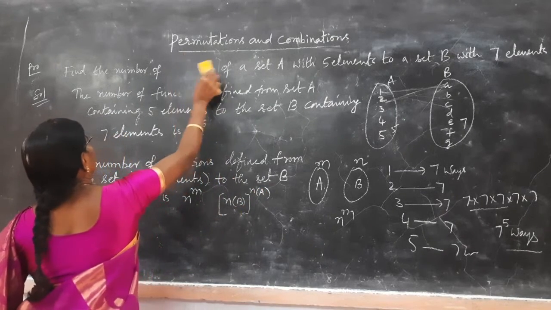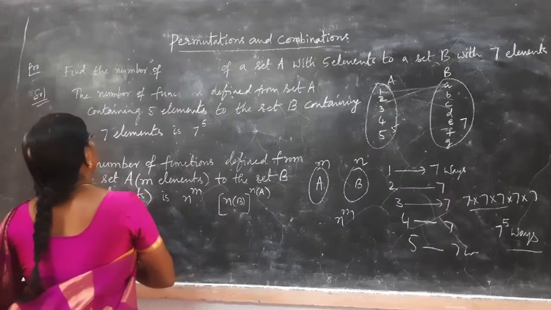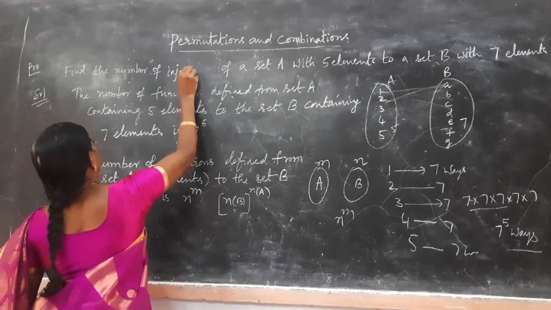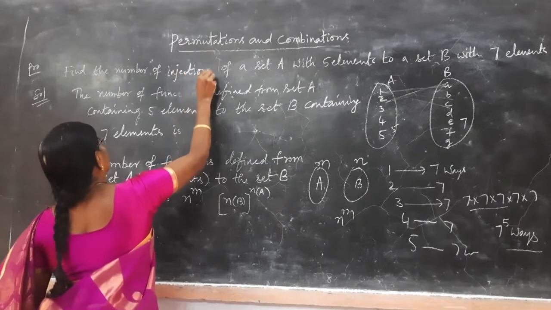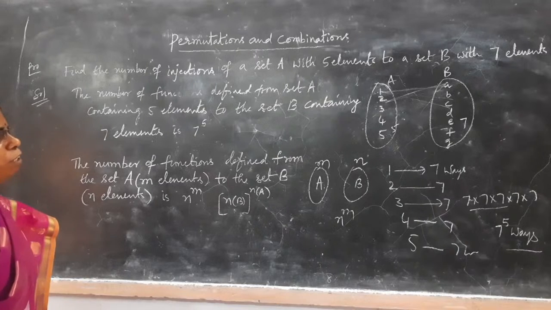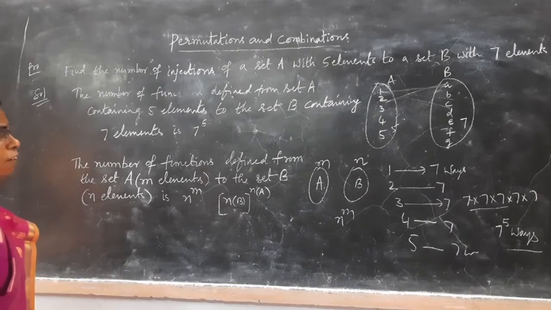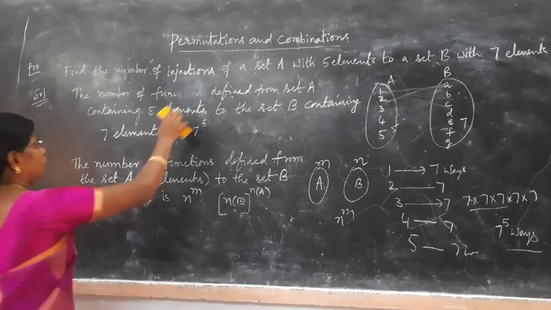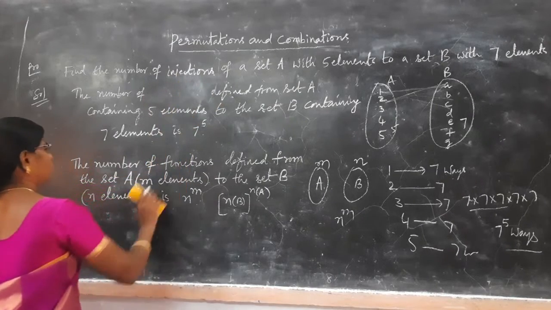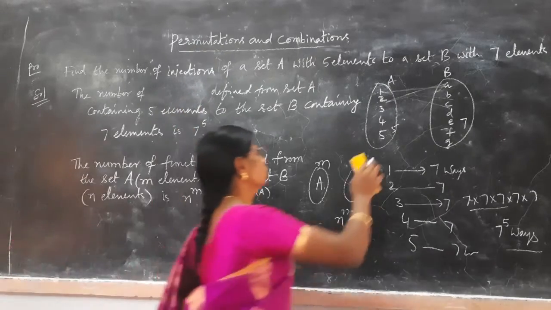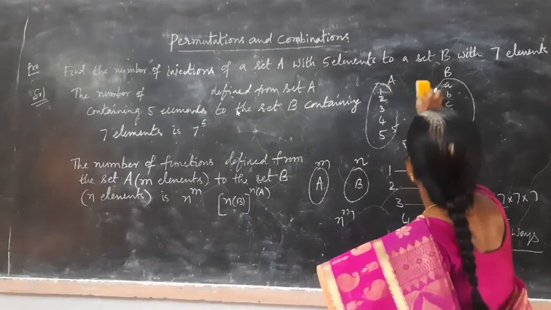Suppose now we change the problem: find the number of injections of a set A with 5 elements to a set B with 7 elements. The same sets are there, but we have to find the injections. So let's see what we do. Okay, see here, injection.